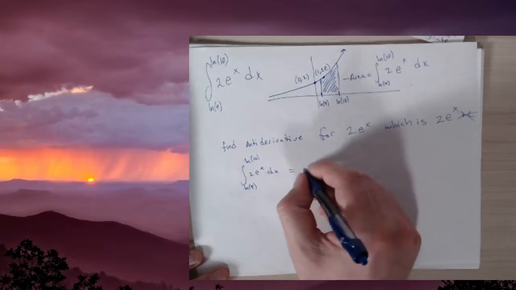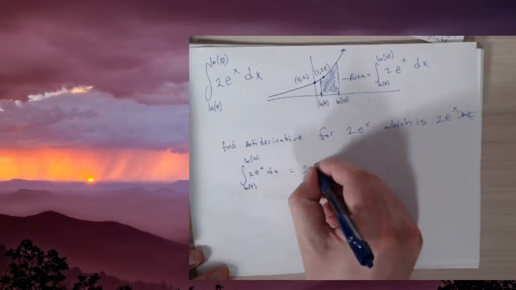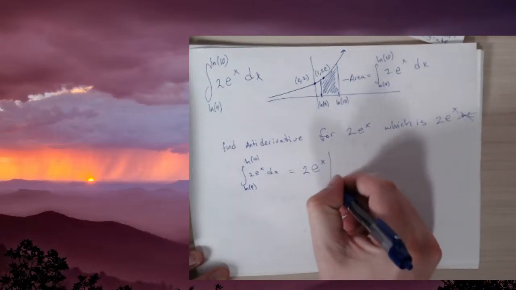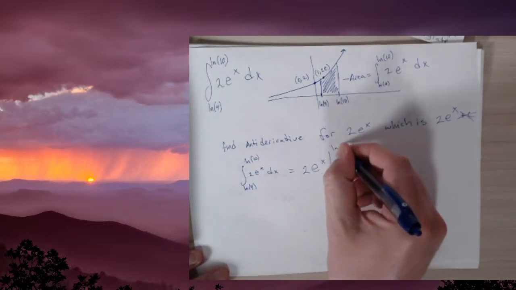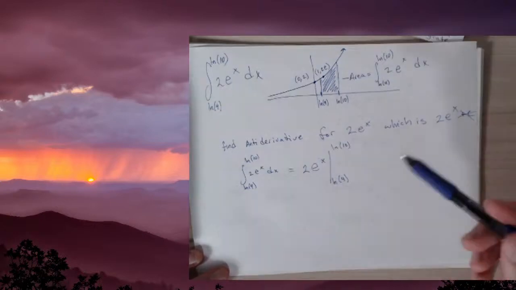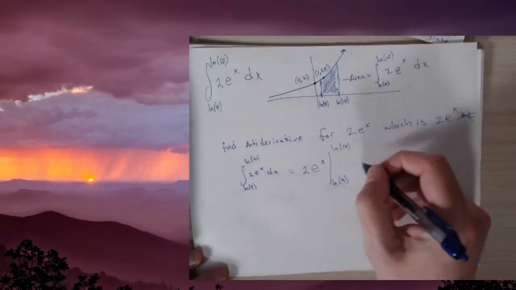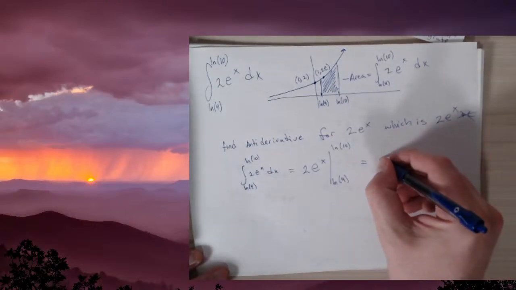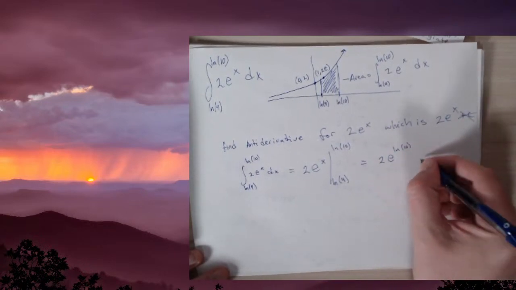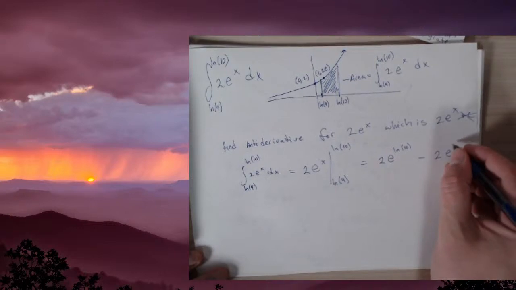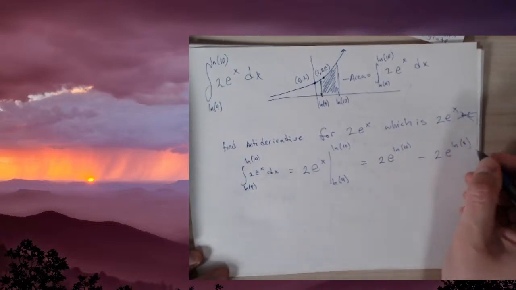The integral of 2e to the x dx is just 2e to the x. Now, this notation here is just saying where I'm going to evaluate it. It means I take 2 times e to the natural log of 10 minus 2 times e to the natural log of 4.